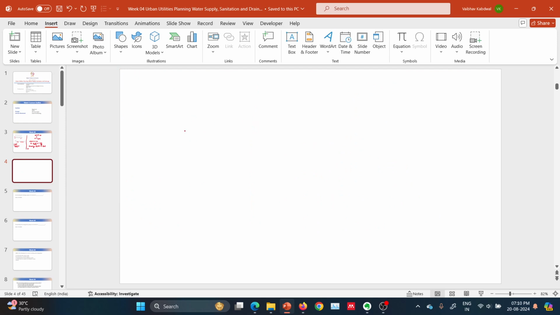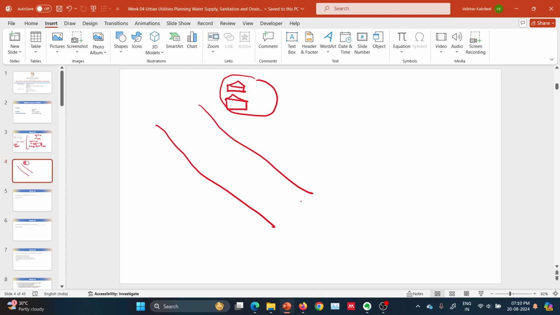And there is one more thing. Here is the community. People are staying in one community, and this is the river. They will take the water and utilize it, and they will produce wastewater.